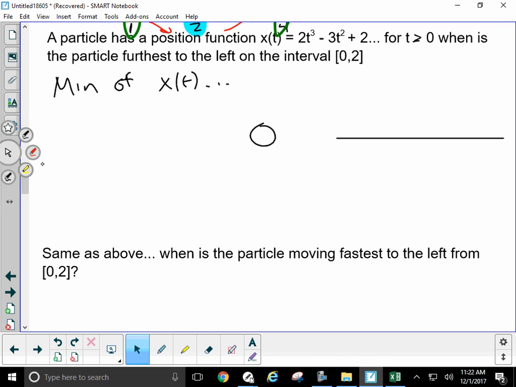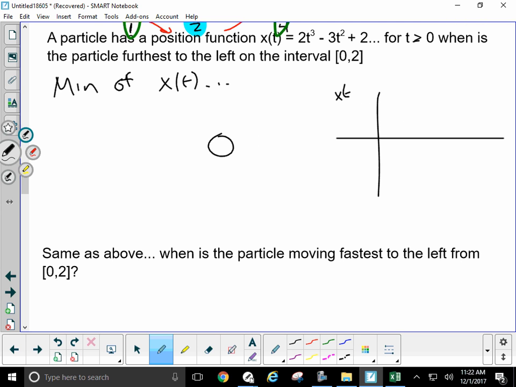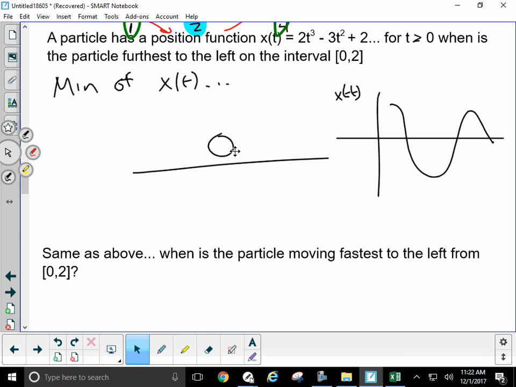So on a graph, if this is the graph of my position, like that or something like that, well, you would think about the position of this ball on a straight line, because we're talking about something just moving to the right, to the left. These values would be positive values.